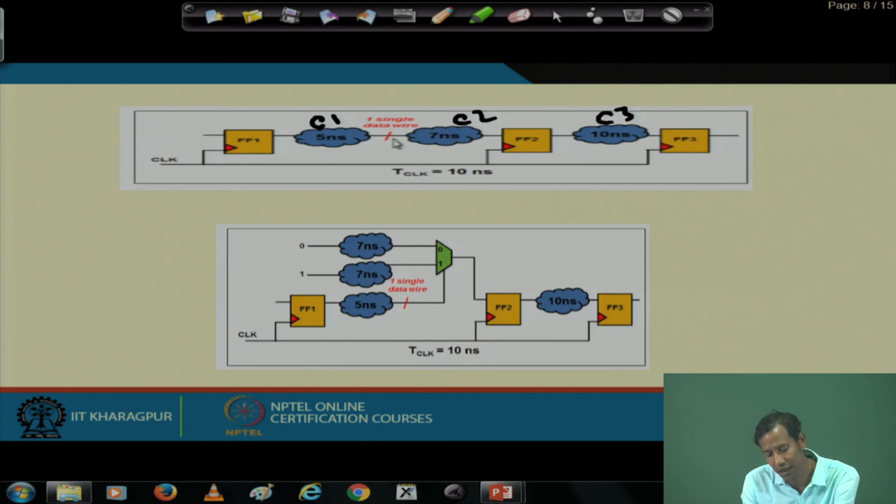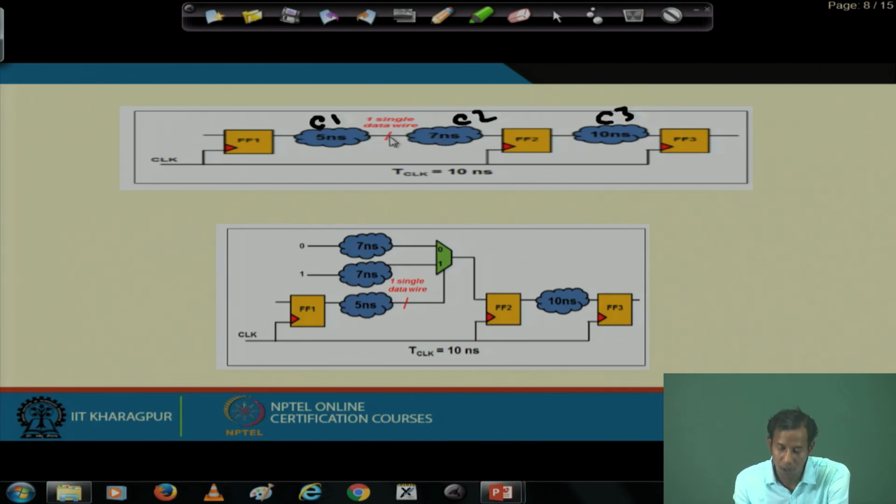As this is a single wire, it may be 0 or 1. Currently the second block does not start its operation because it is not getting the signal from the 5 nanoseconds block. Once the 5 nanosecond is done, only then can it start its computation, as they are connected in series. That is why it always consumes 12 nanoseconds.